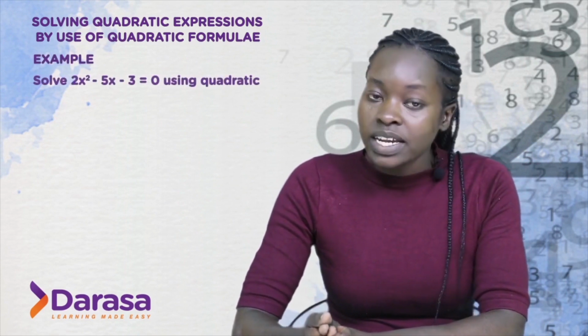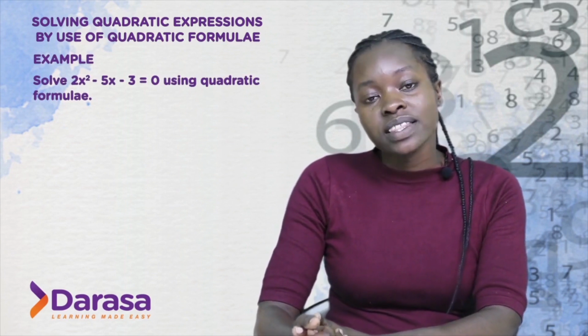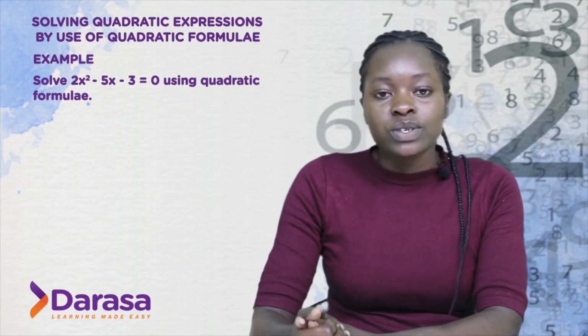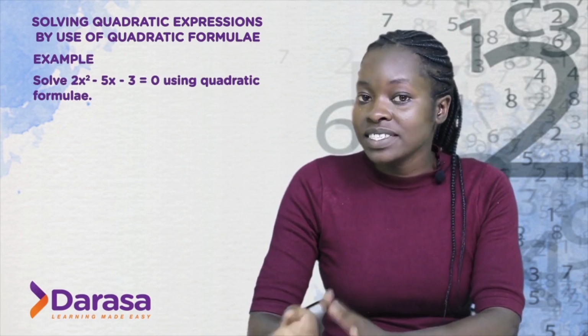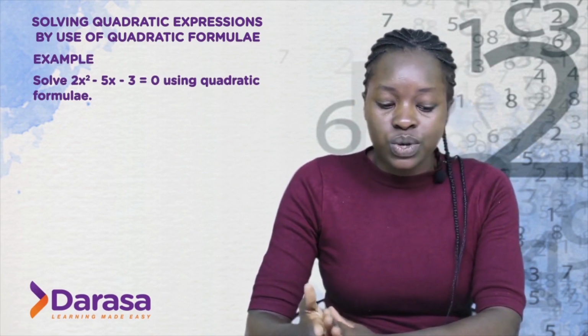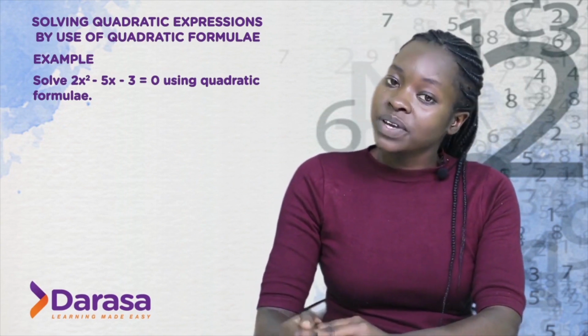So you're given: solve 2x squared minus 5x minus 3 equals 0 using the quadratic formula. So the first thing you're going to do is identify your a, b, and c. So your a is 2, your b is negative 5, and your c is negative 3.